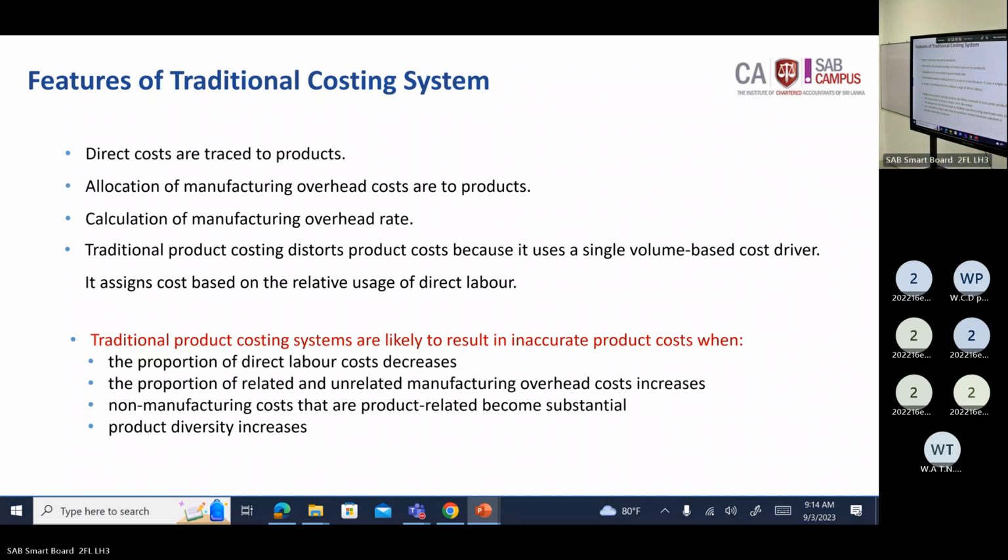So what are the features in the traditional costing system?